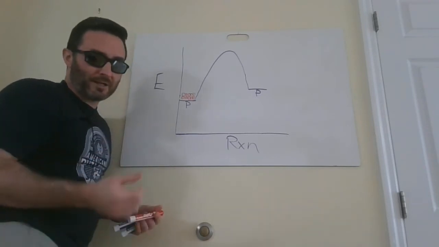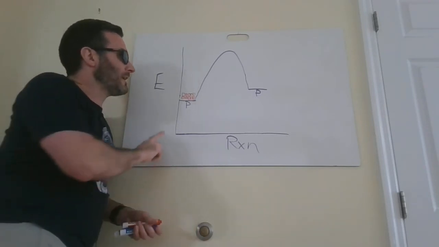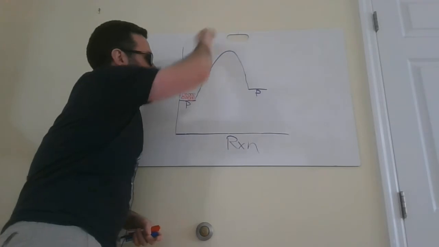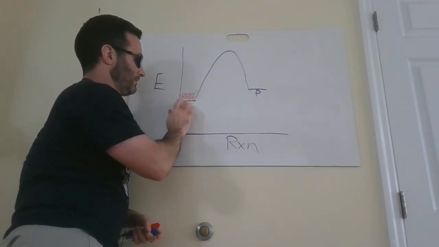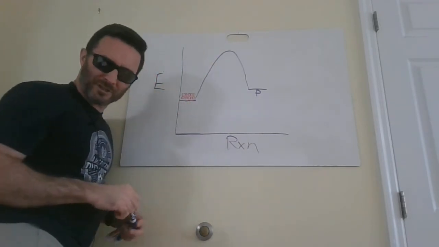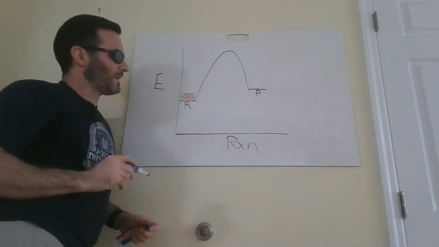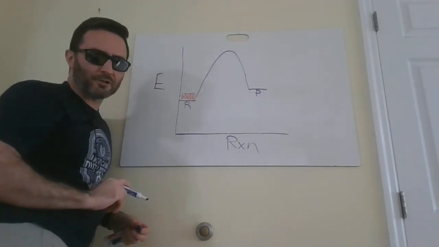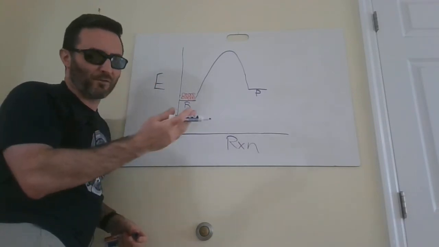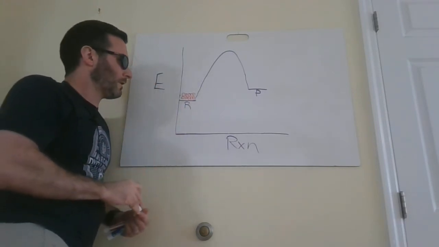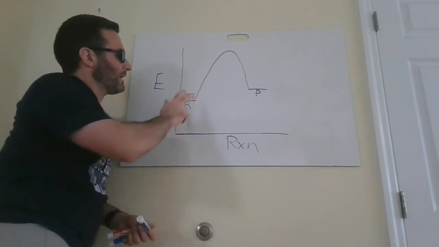So if you try to analyze this, well, it's going to take extra energy to get these. See? And I make more mistakes when I have a migraine. It takes more energy to get these reactants over the hump. Why? Further to go. But you're going to get some over.